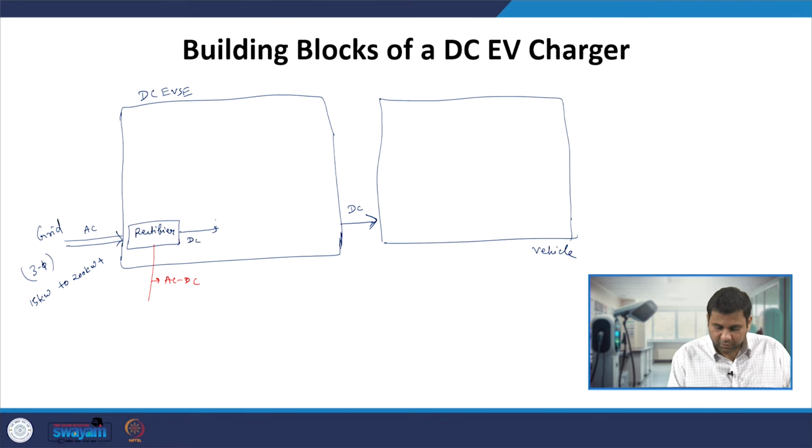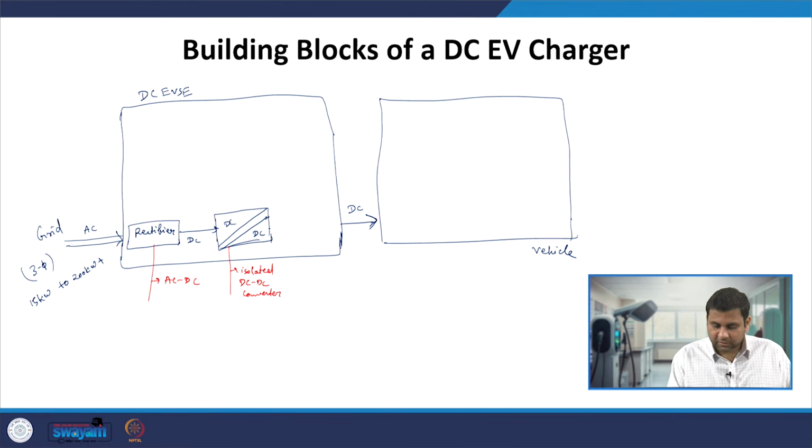Now this DC goes into the isolated DC-DC converter. Why do we need this isolation?